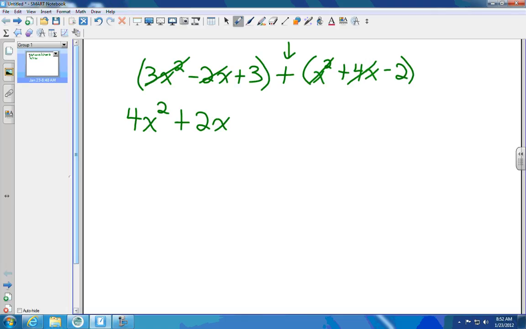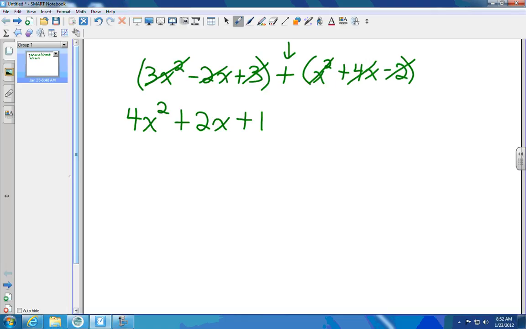And then you just have your constant terms, regular numbers, no variables. You have 3 here plus negative 2 would leave you with plus 1. And you combine all the like terms. That's as simplified out as you can get. Just adding, subtracting. Questions before we move on?